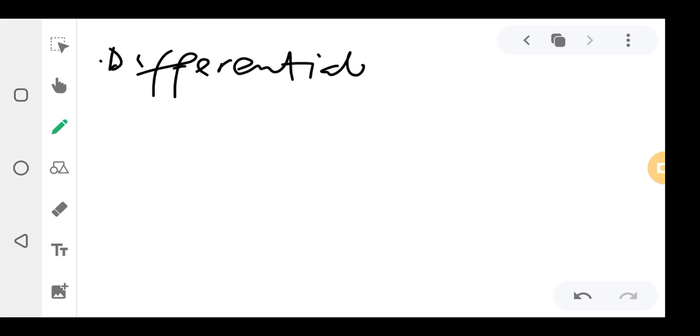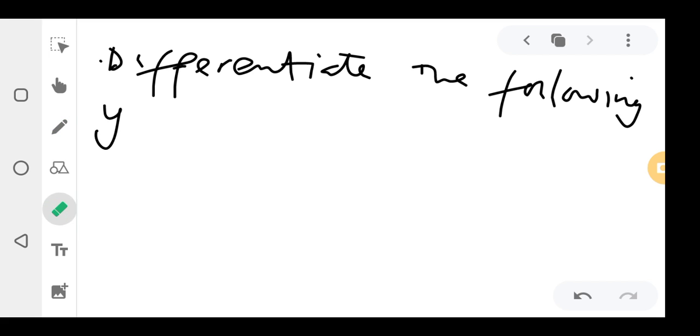The exercise is: differentiate the following. Question 1, A: y is equal to 6x power 4.